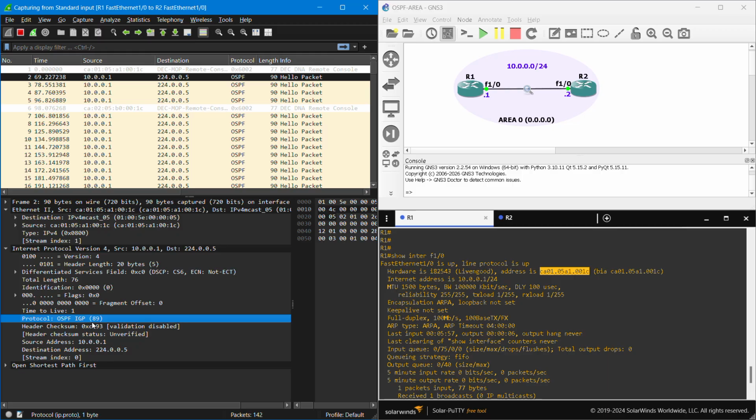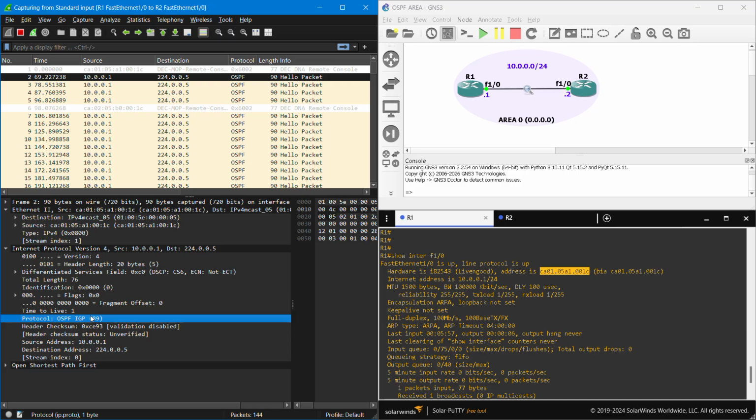As we studied in the previous lecture, if the protocol number were 1, it would be carrying ICMP. If it's 6, it is TCP. If it's 17, then it is UDP.